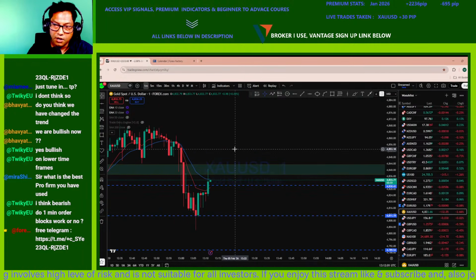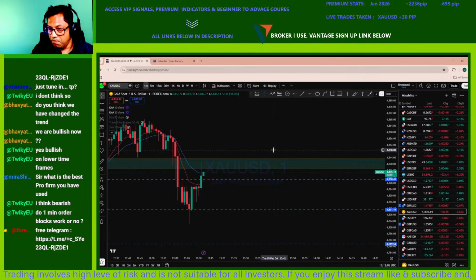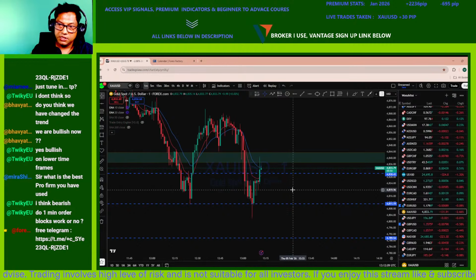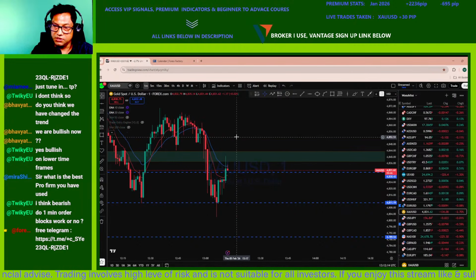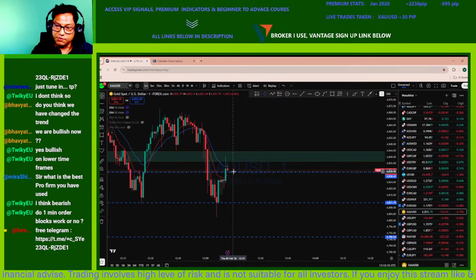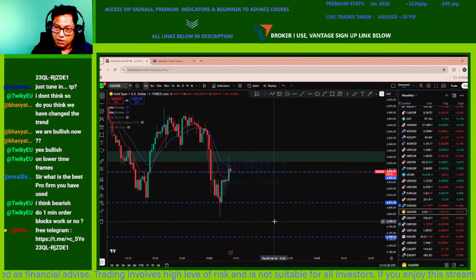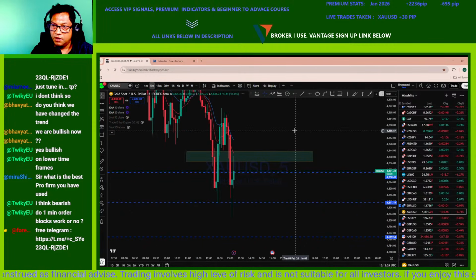With a long wick candle here, you can see the market is maintaining that long wick, showing that the price action may break below this long wick, and we expect the price to break below in that direction here to create a new lower low.